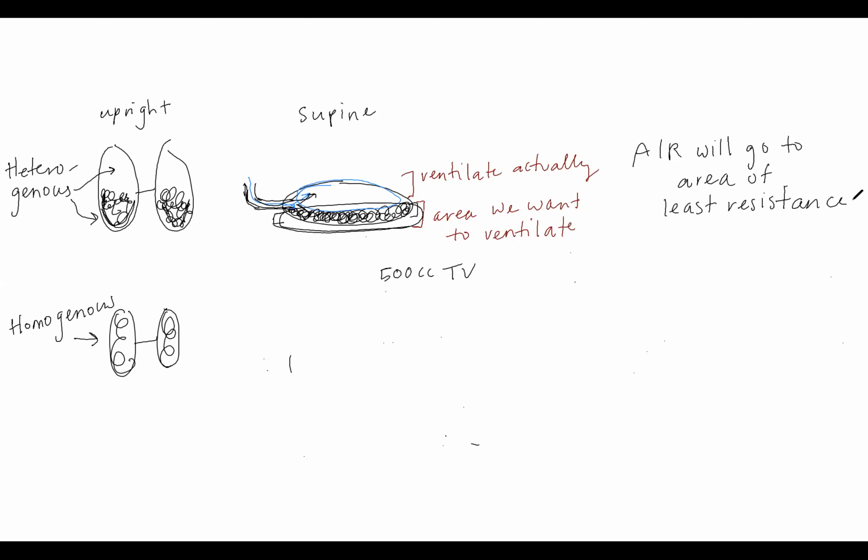So we end up putting extra pressure on the healthy lung tissue up here, and not enough pressure on the edematous lung tissue down here. And what that results in is oftentimes injury to the healthy tissue.